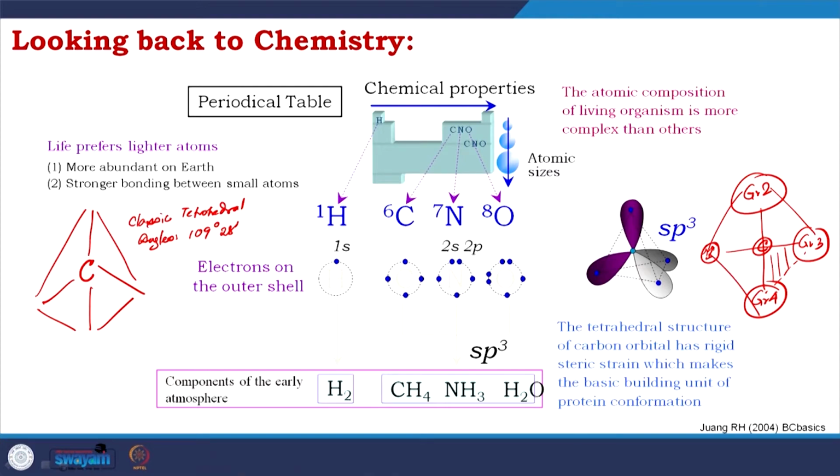How does that change the scenario? That changes the scenario because if you want to put these 3, if you look at my hand, you will clearly see that one group would be above the plane and another group would be below the plane, and this we call chirality.